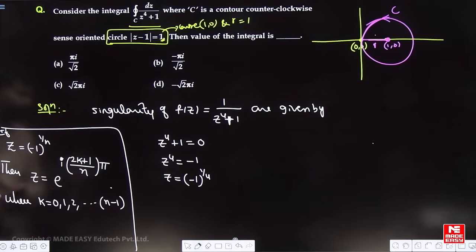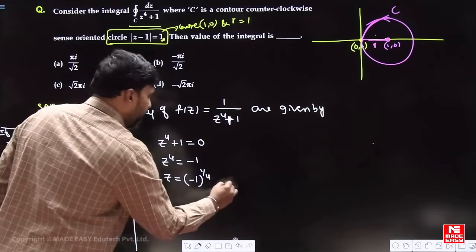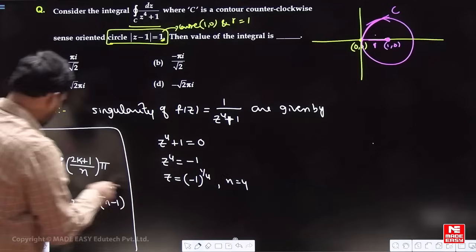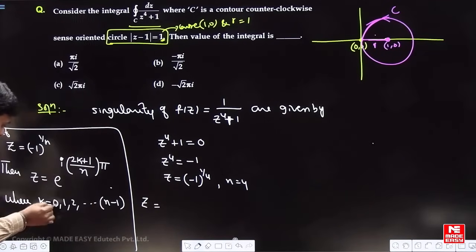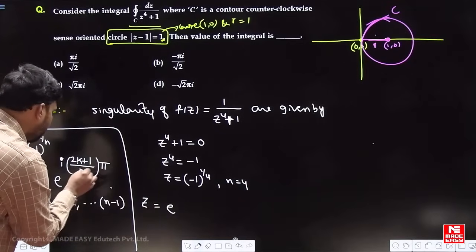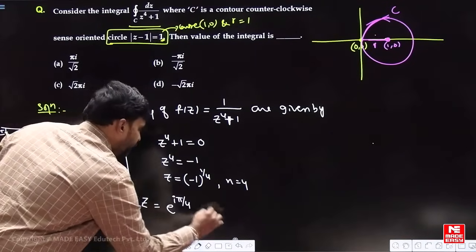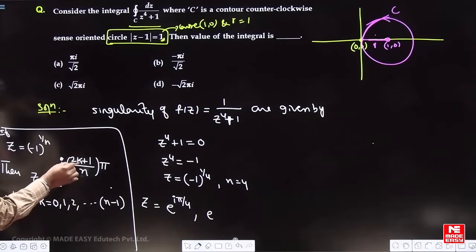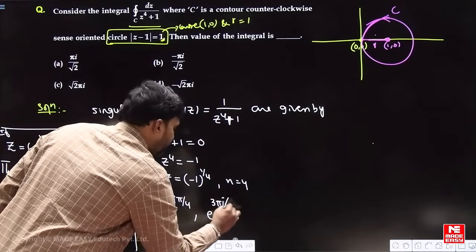Here n is equal to 4, right? So the z values are as follows. First, I put k is equal to 0, so this becomes e to the power of i pi by 4. Next, for k is equal to 1, it is e to the power of 3 pi i by 4.